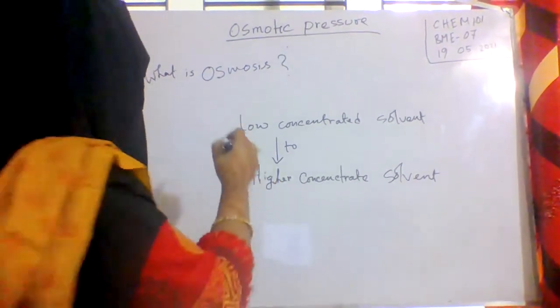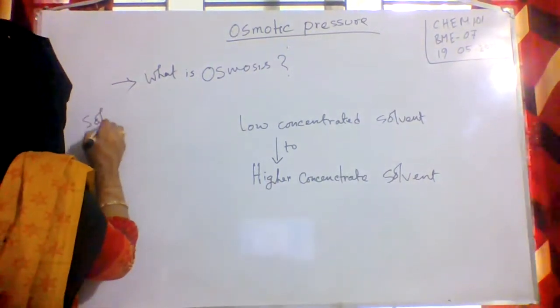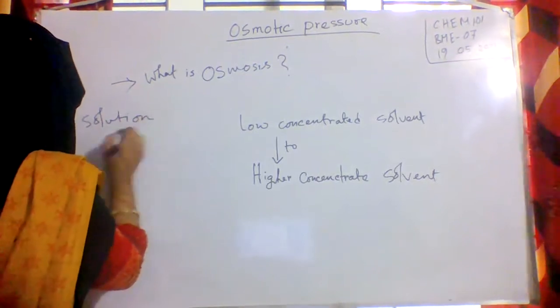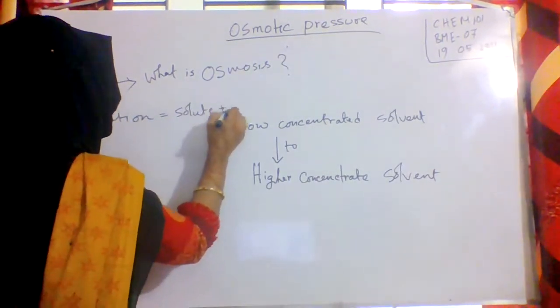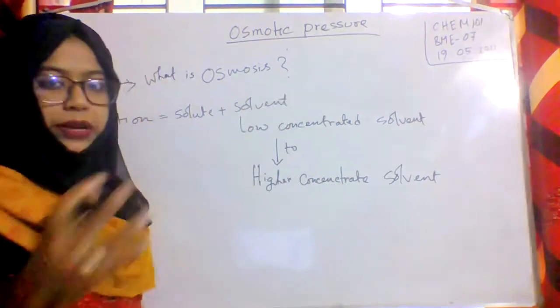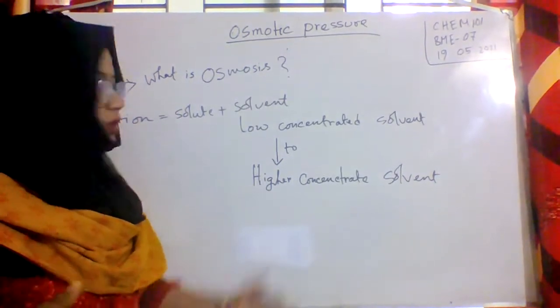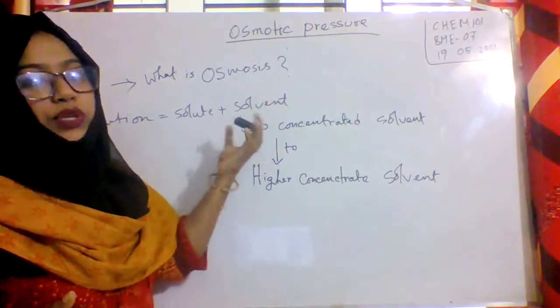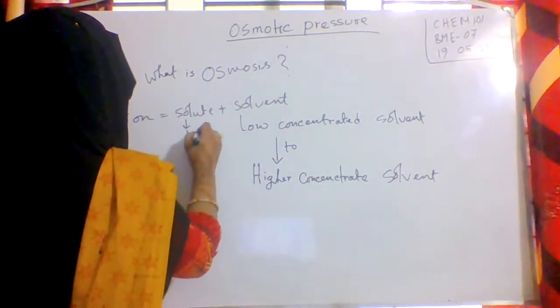Okay. Let's see here. Solution is a homogeneous mixture of solute and solvent. And we know there are two types of solution on the basis of the amount of solute. If it is less, it is dilute.